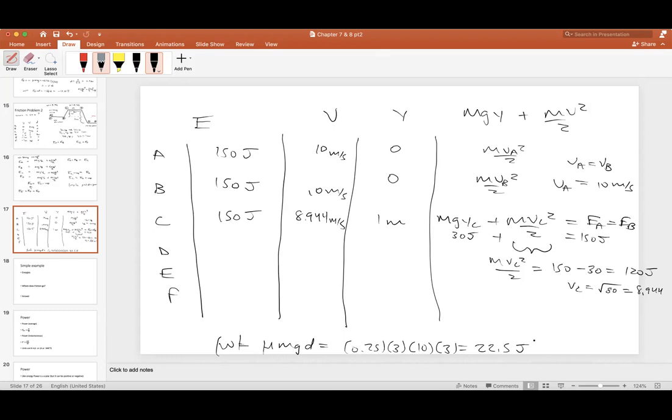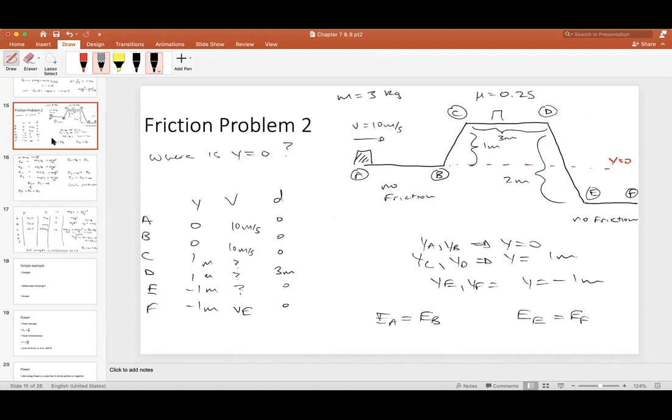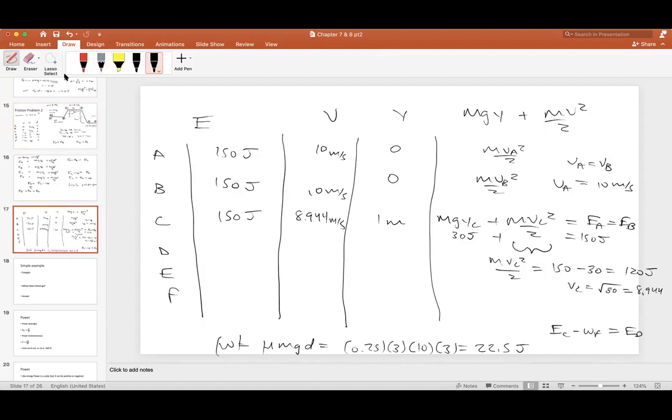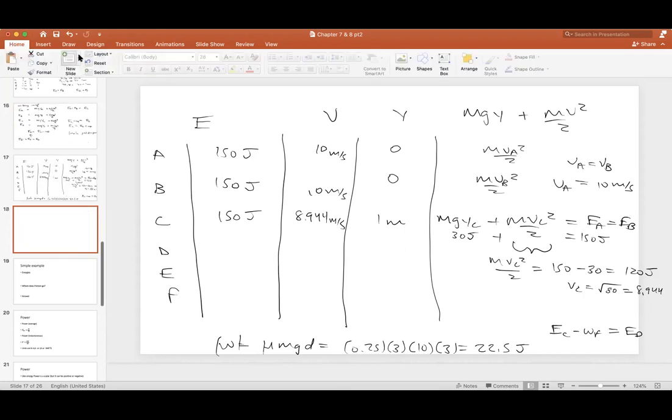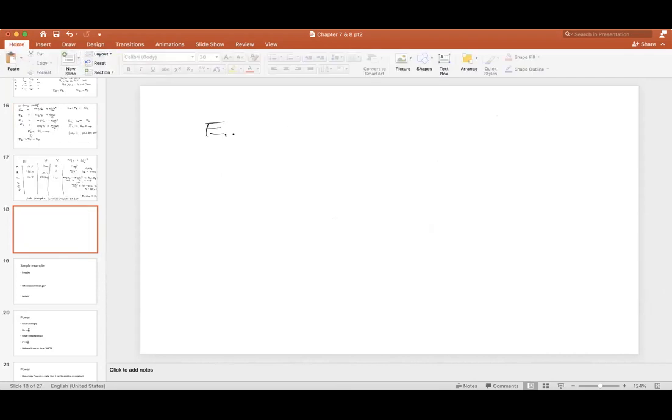And what that's going to mean is, again, EC minus the work of friction is equal to ED. But at ED, and I'm going to go to a new slide, remember at ED, we have mvD squared over 2 plus mgyD.